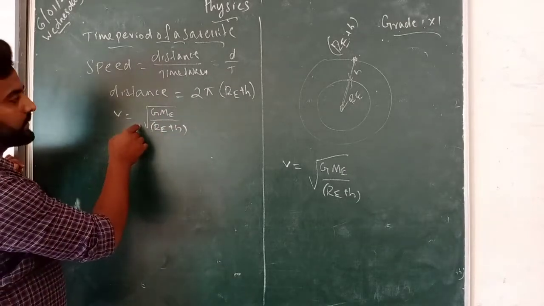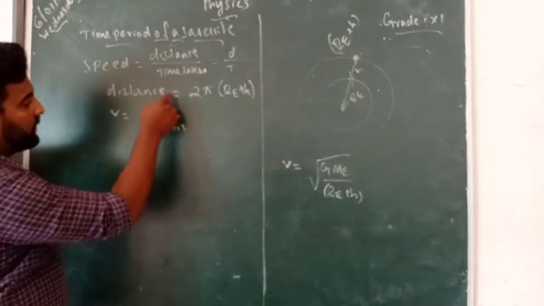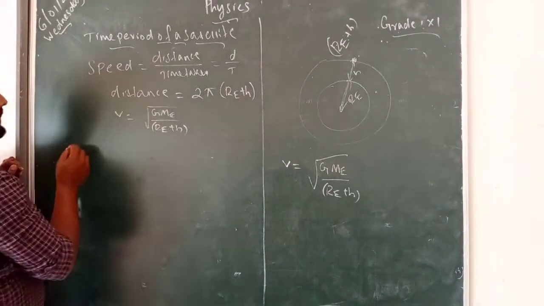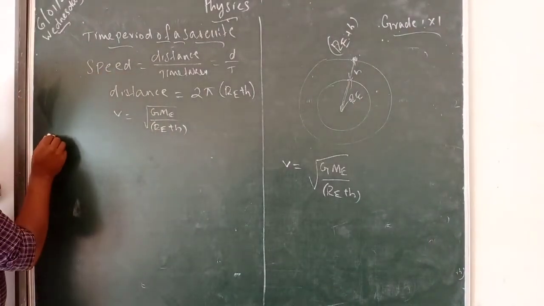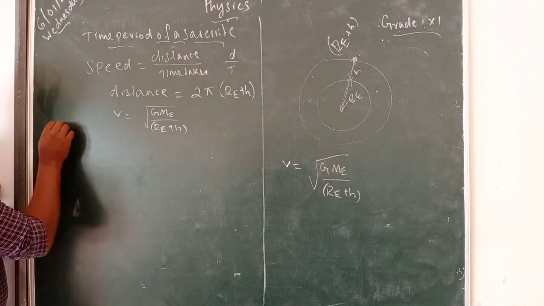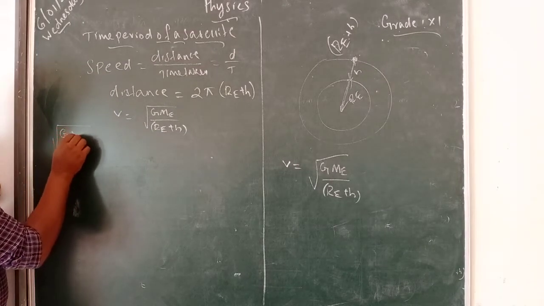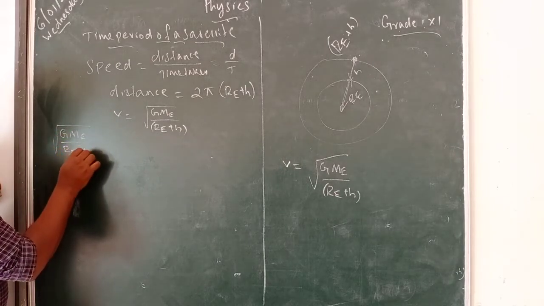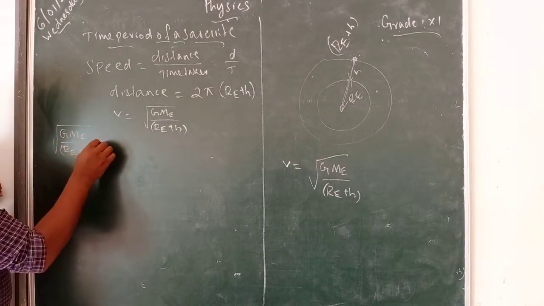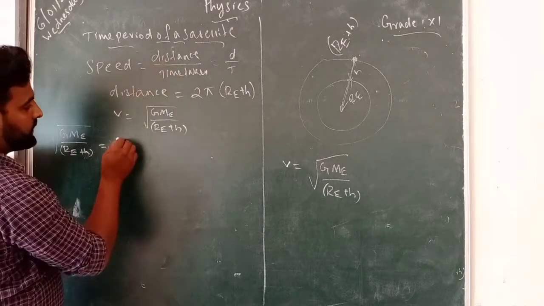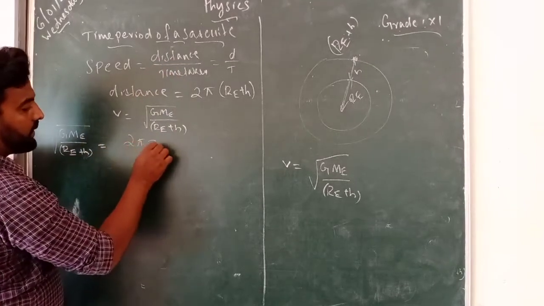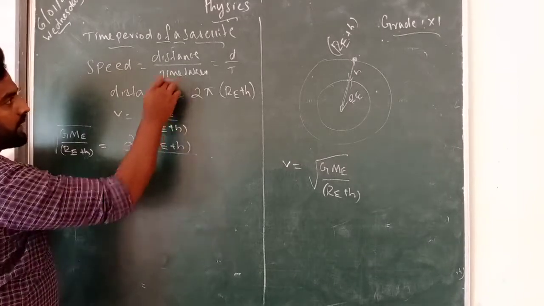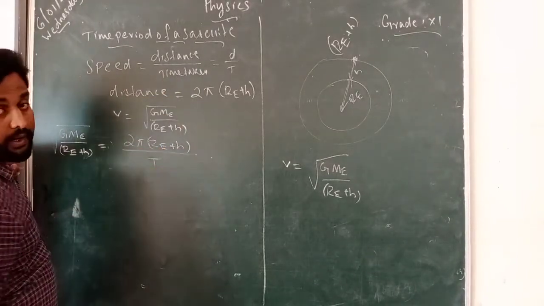Now substitute this distance and speed into the speed equation. So the speed, root of G M_E by (R_E plus h), is equal to the distance, 2 pi (R_E plus h), divided by the time taken, that is the time period T.